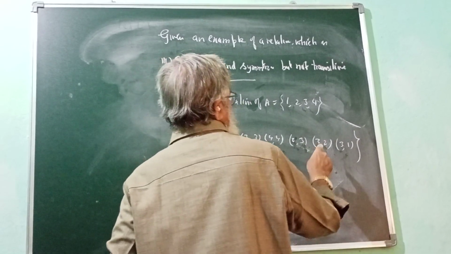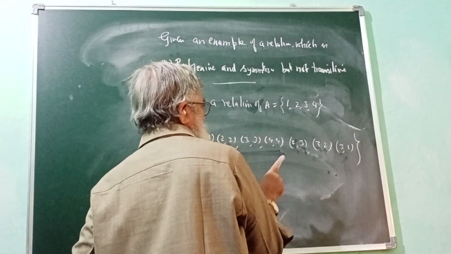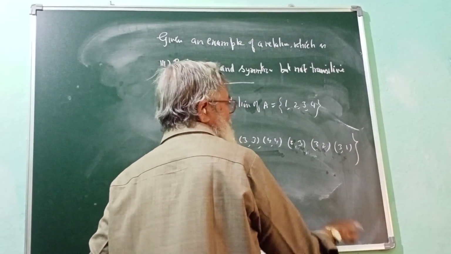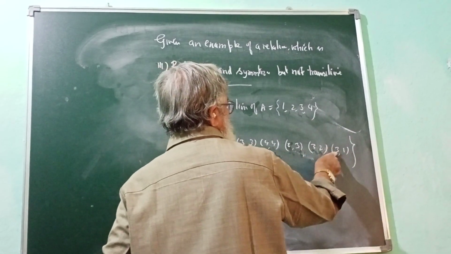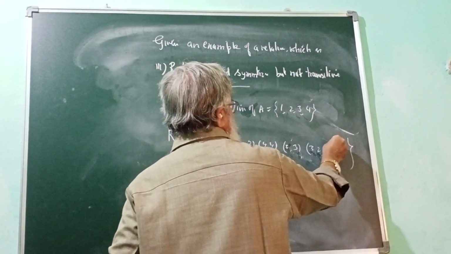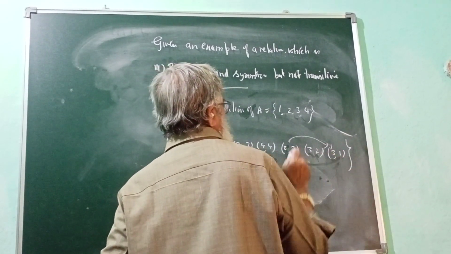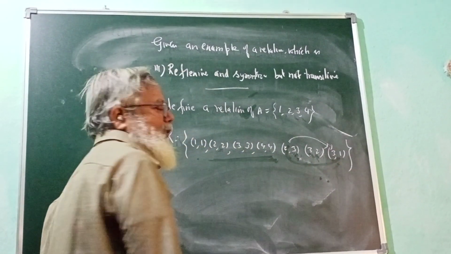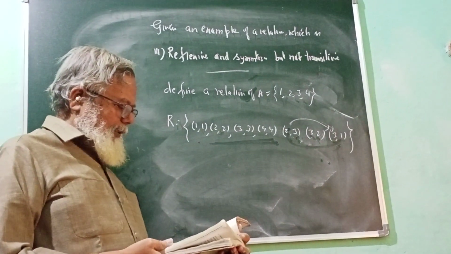To avoid transitivity, we add one more ordered pair. But you see here, (2, 3), (3, 2), but (2, 1) should be there for transitivity. (2, 1) is not there, so it cannot be transitive. Hence it satisfies the given condition.